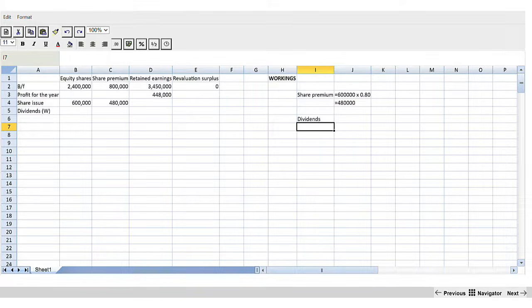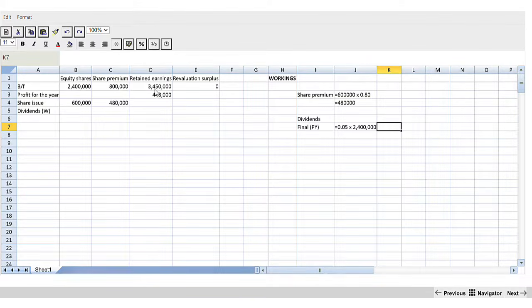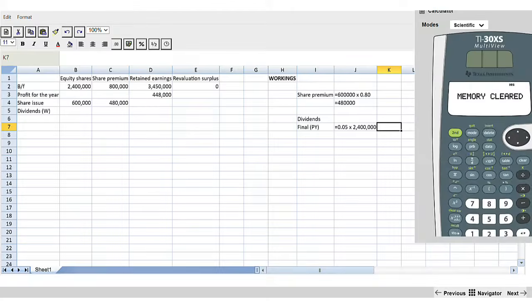So what we've got there, we're going to look at our prior year final, and our prior year final dividend is going to be equal to 0.05 multiplied by 2.4 million. Again, if you want, you've got the calculator there, haven't you? So there you go. There's your calculator.